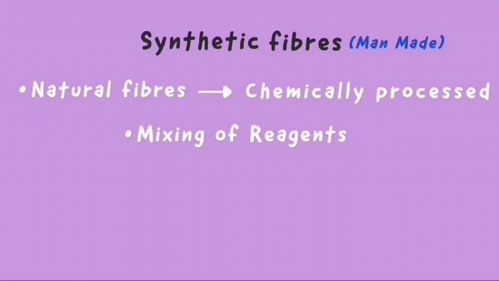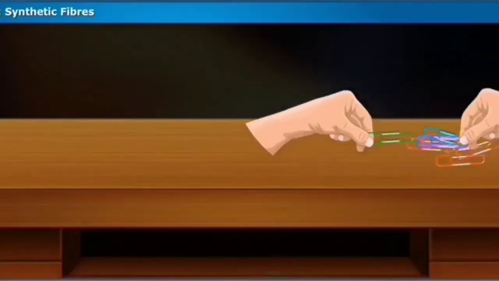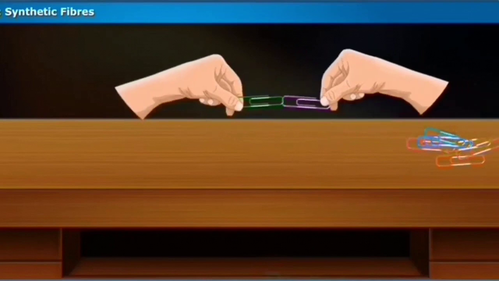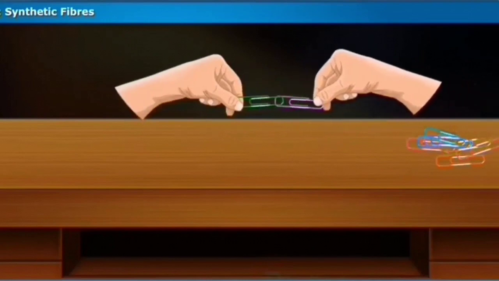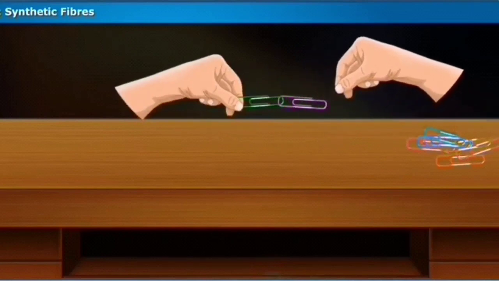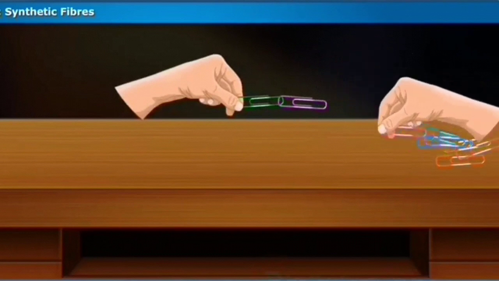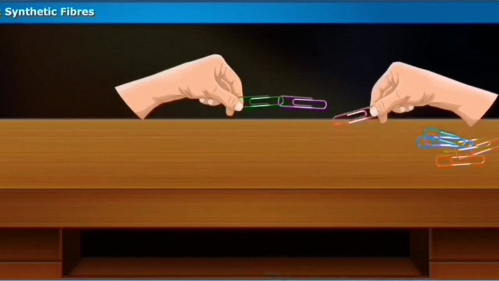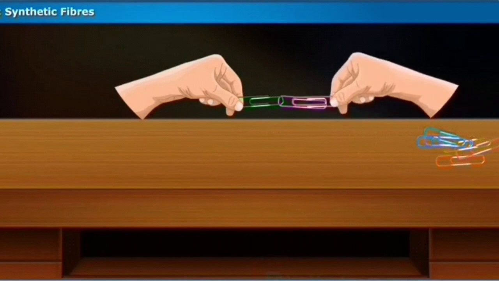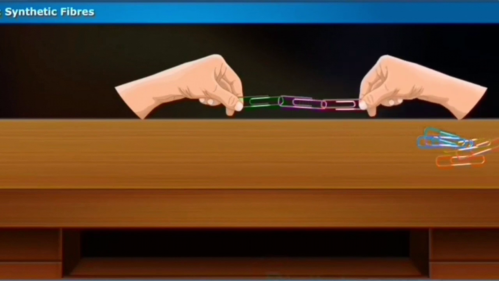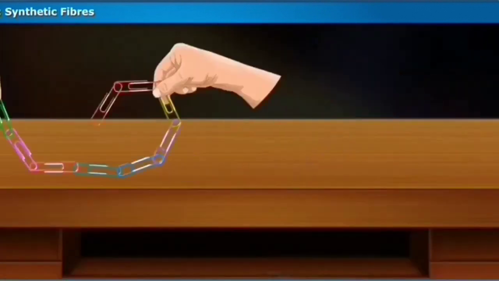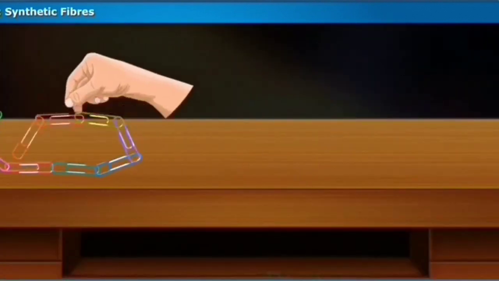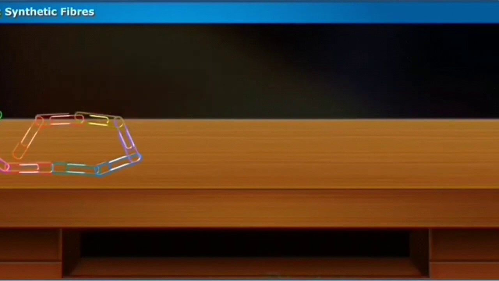Take a few paper clips, join them together and observe the pattern of paper clip. Similarly, take a few beads, join them together with the help of a thread and needle to make a necklace.